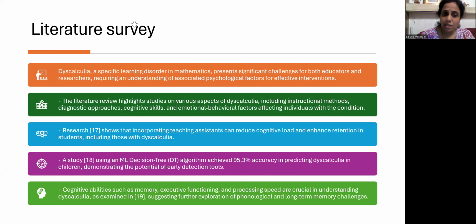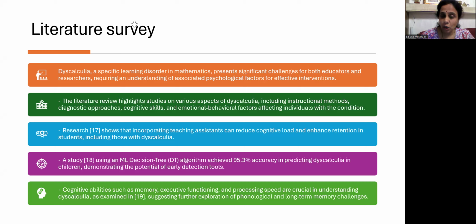Dyscalculia, a specific learning disorder in mathematics, presents significant challenges for both educators and researchers, requiring an understanding of associated psychological factors for effective interventions. The literature review highlights studies on various aspects of dyscalculia, including instructional methods, diagnostic approaches, cognitive skills, and emotional behavioral factors affecting individuals with the condition.